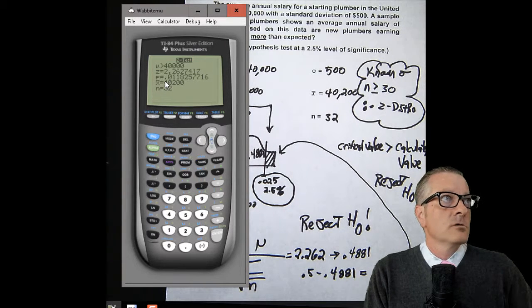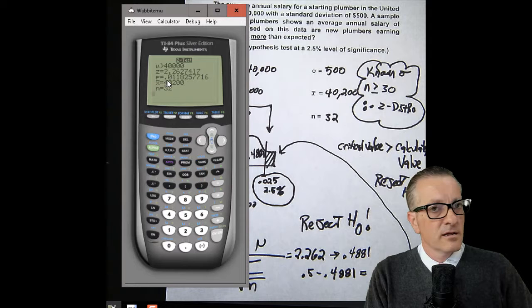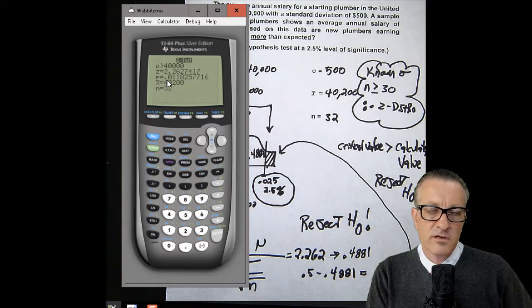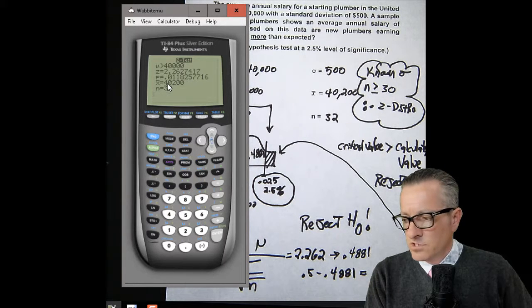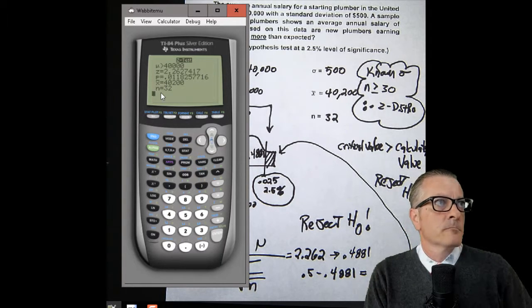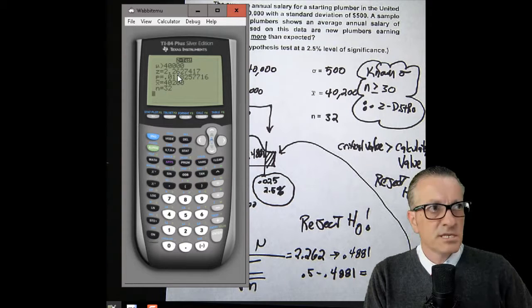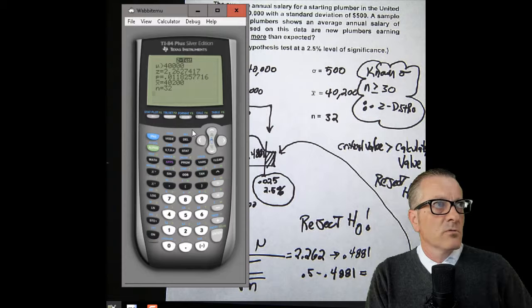Okay, so this is what we get on the calculator. Technically, the calculator's more accurate than our table, because with the table we're limited in trying to pick the right one that fits, and it only goes out to a few decimal places. Okay, so our p-value, this is what we have here. This also shows some of the other variables that we're working with. 2.26, which is our z-value, which is accurate, so we know that we're matching what we're working with.